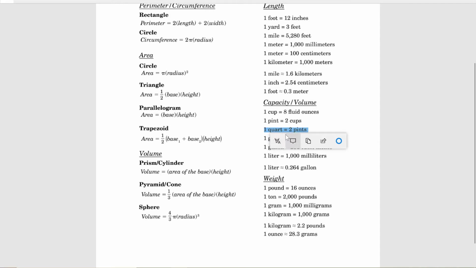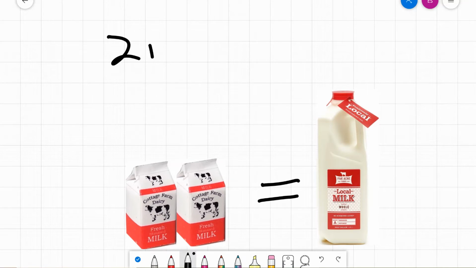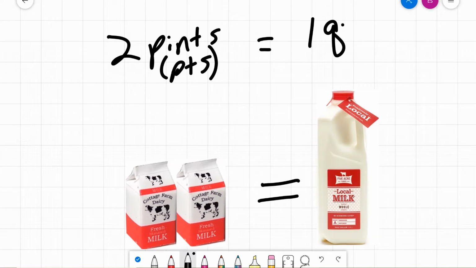Remember, that is the same on both sides of the equal sign. 2 pints is also equal to 1 quart. So we have 2 pints, and that PTS stands for pints, equals 1 quart.